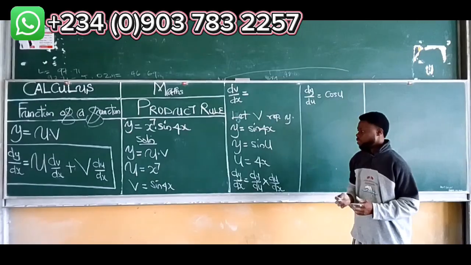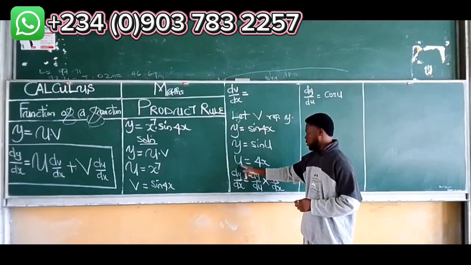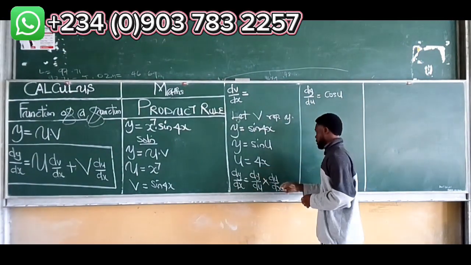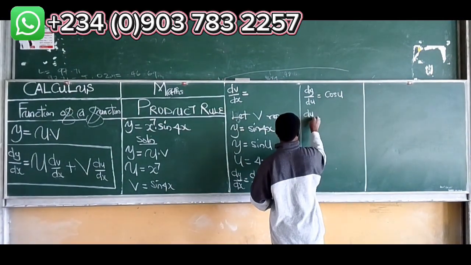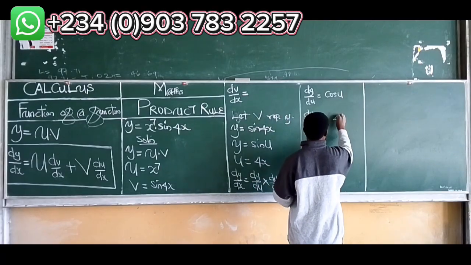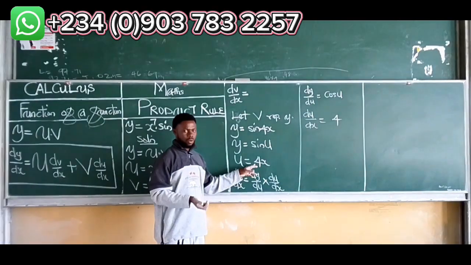We are done with that part. Now the next is du over dx. So we are considering this u and x. du over dx will give us 4. If you find the derivative of 4x, we obtain 4.